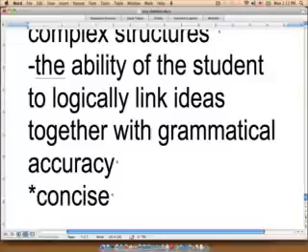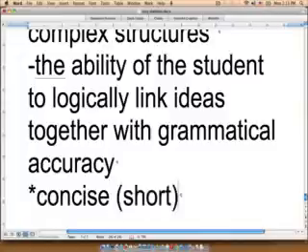So what does concise mean? Concise means to be very specific, very to the point, and not to use extremely long wordings to deliver what you want to say. So in a nutshell, concise just means short and specific.